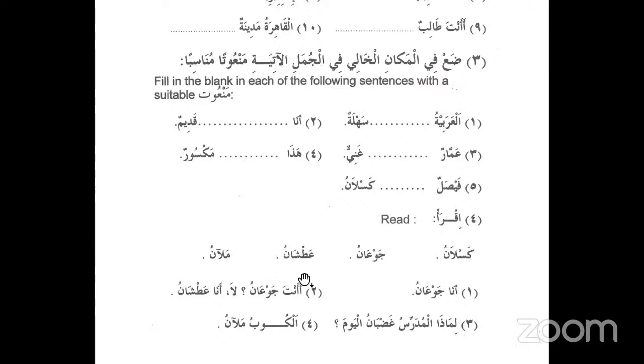Any noun that ends with alif and noon at the end, Kaslanu, jo'anu, atshanu, mal'anu, does not take tanween. We do not say kaslanun, jo'anun, atshanun, or mal'anun. It's a ruling with regards to these words.